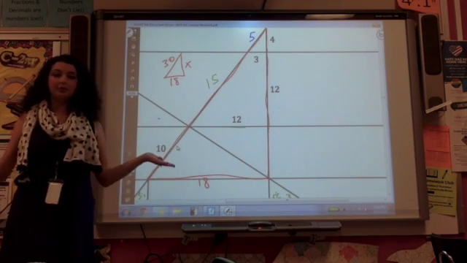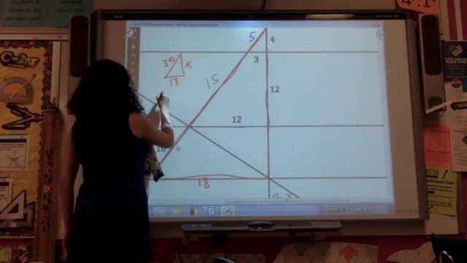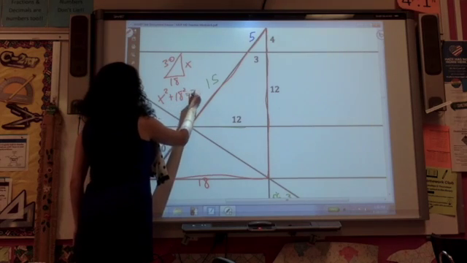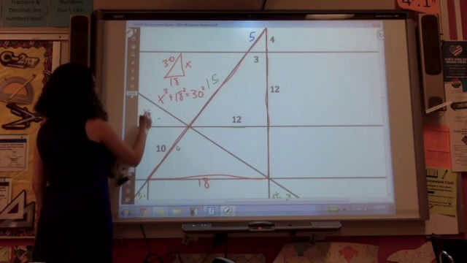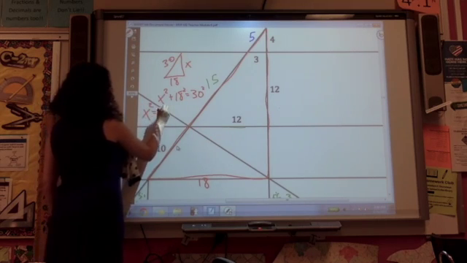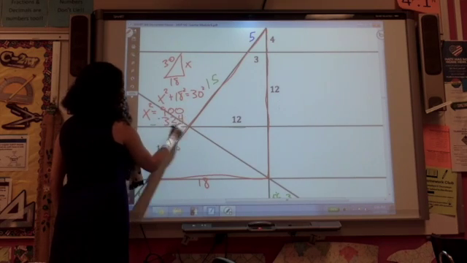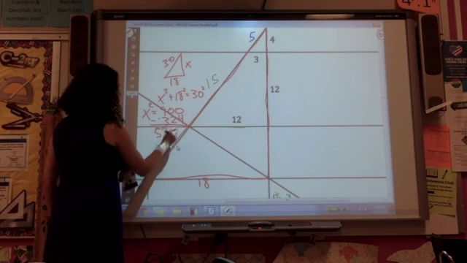Here, I can't use my 3, 4, 5 rule, so I'm going to use the Pythagorean theorem to get x squared plus 18 squared equals 30 squared. So simplifying that, we get x squared equals 900 minus 324, which is equal to 576.